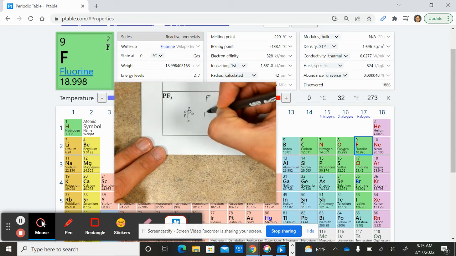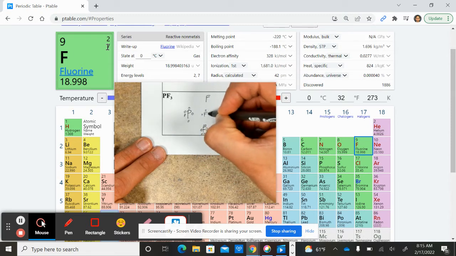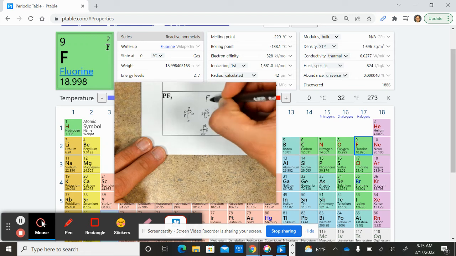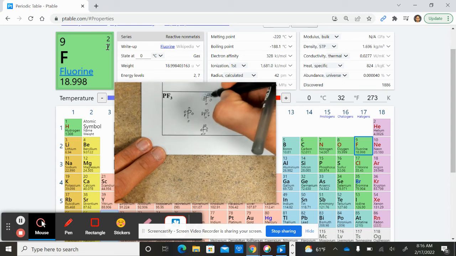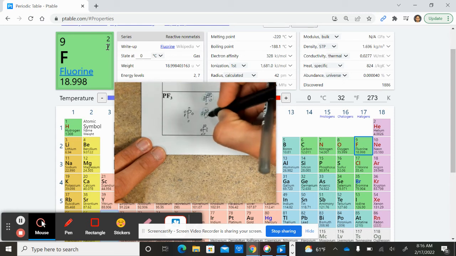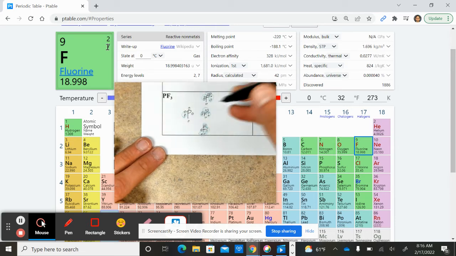So 1, 2, 3, 4, 5, 6, 7 for each fluorine. I'm going to circle my pairs, that way I don't get too confused. Each fluorine has 3 pairs, and then phosphorus has 1 pair. Remember, we need those pairs in the final drawings.